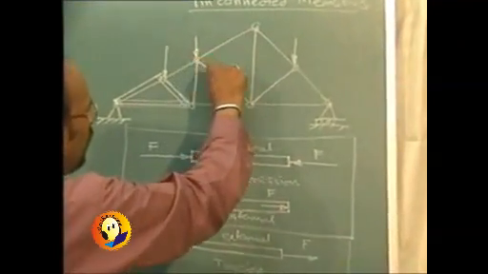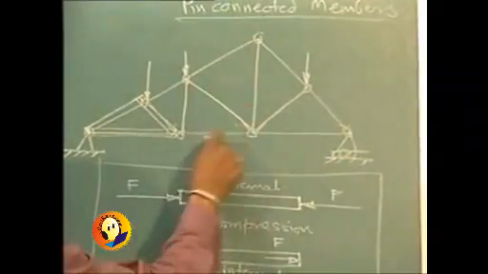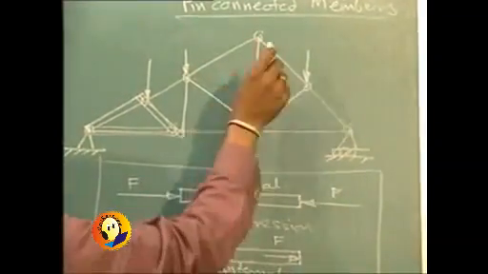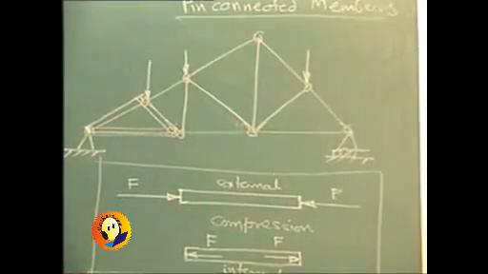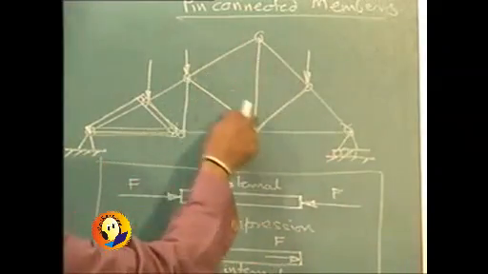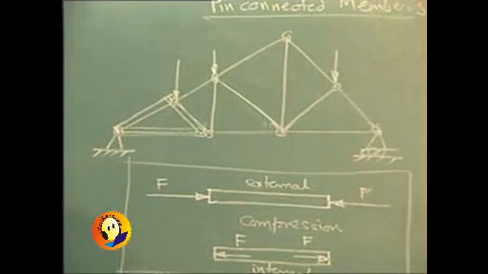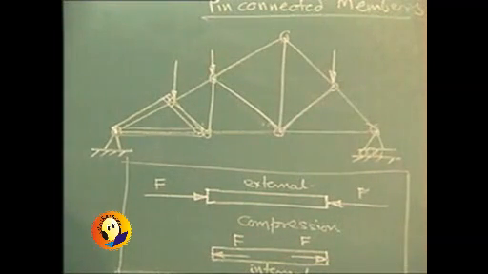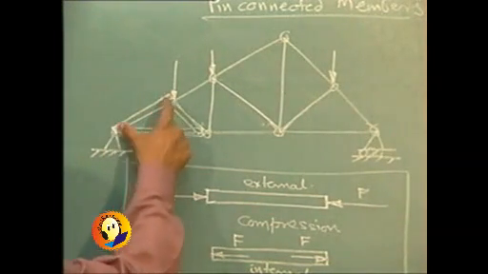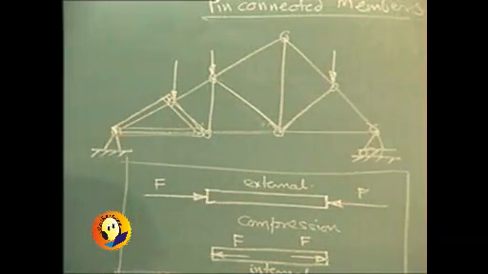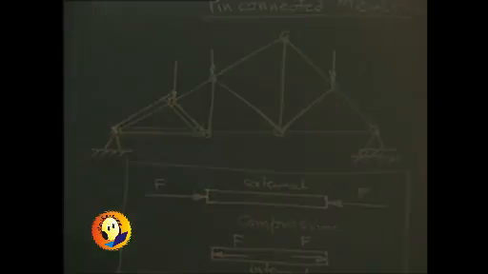So you will find that in a truss, everywhere the members are forming triangles with each other. Three members come together to form a triangle. There will not be any other shape coming into the picture. Now these members could be in tension or compression. It will depend on what exactly is the force supported by them.